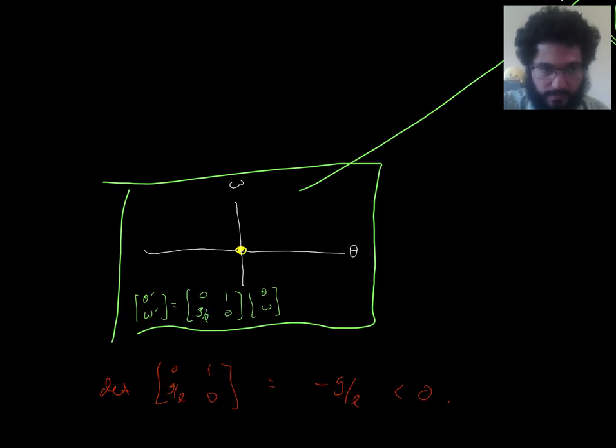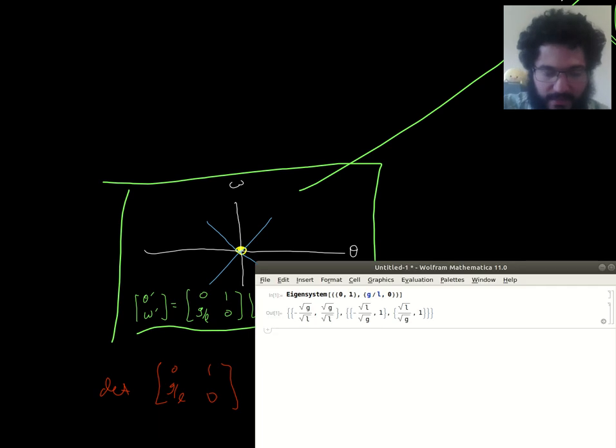For a saddle point you need to figure out what are the two eigendirections. It ends up looking like this. You can figure out the two eigendirections by actually solving the eigenvalue problem for this matrix. But it ends up looking something like this. Okay, so I just went and did it here in Mathematica, solved the eigenvalue problem for that matrix.